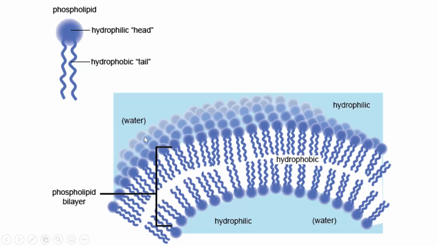So here's the creation. It's a spontaneous formation of the bilayer. It's one of the two times in biology we can use the word spontaneous. Because of water, the phospholipid molecules are going to spontaneously arrange themselves in this way, resulting in the hydrophobic tails interacting with one another and the hydrophilic heads interacting with water.